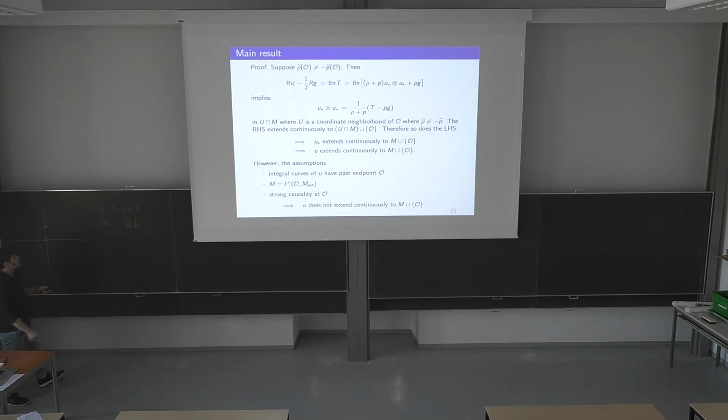Because u extends continuously, the components of u are not too different from partial 0. So the difference between u^0 and -1 is smaller than epsilon, and also u^i is smaller than epsilon. So this vector field should look very much like this vector field here.